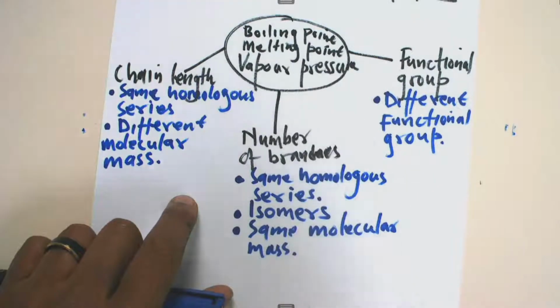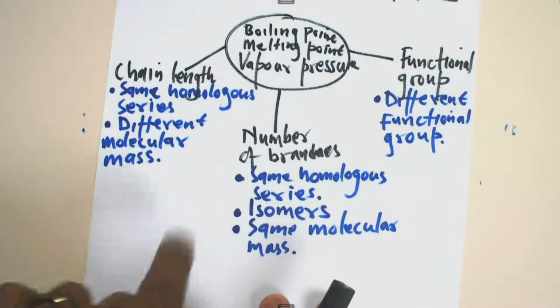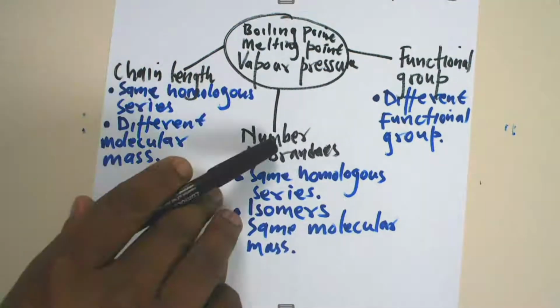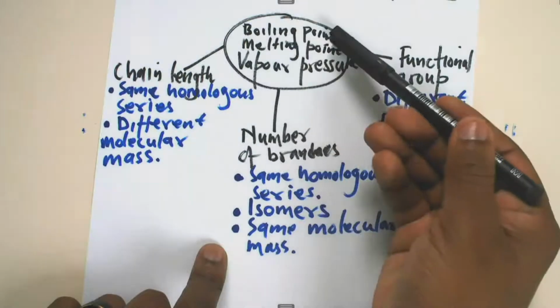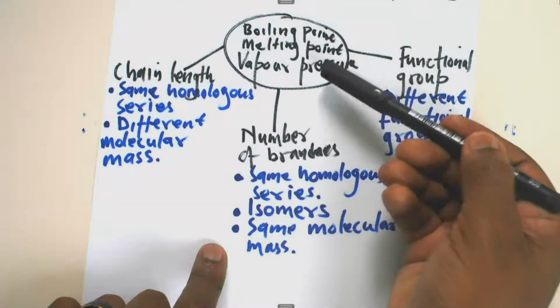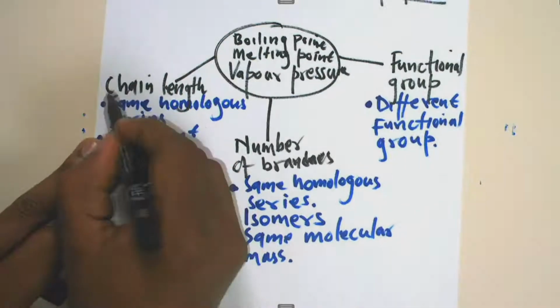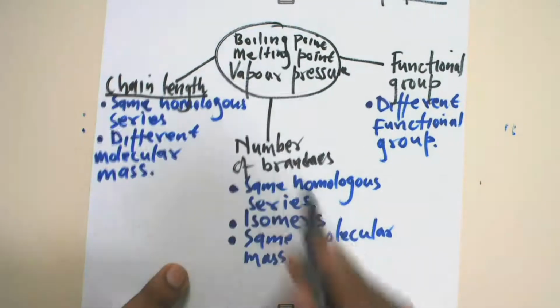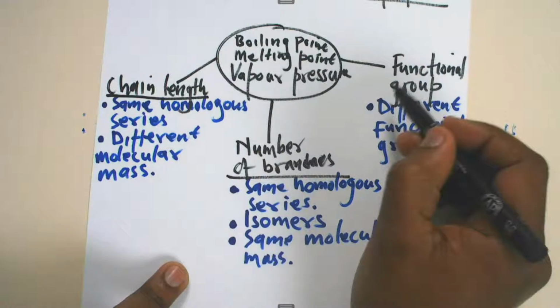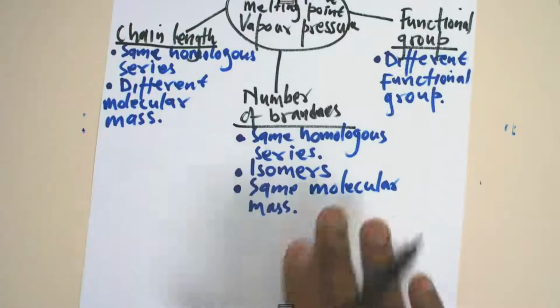Because I am going to compare, I need to know which factors influence the boiling point, melting point, and vapor pressure. The first ones were chain length, number of branches, and the functional group.